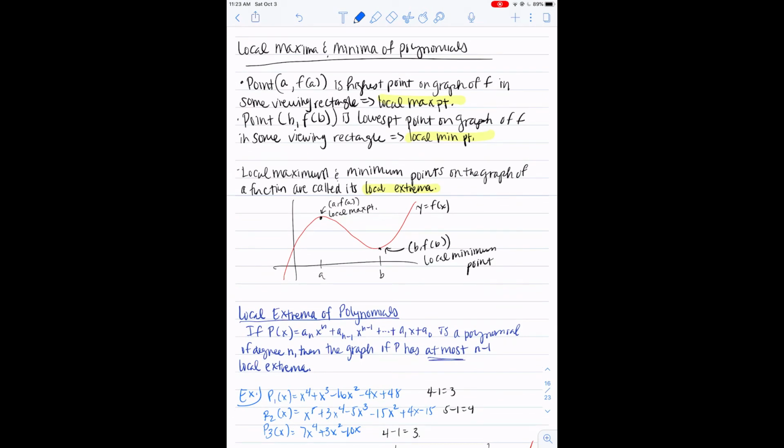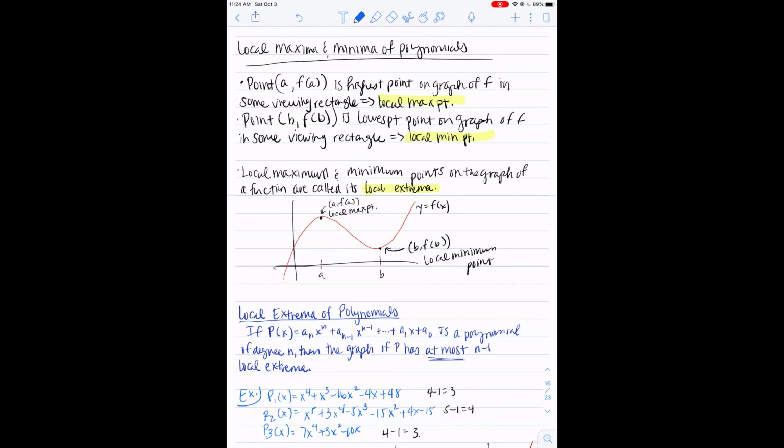Okay. Now we have the local maxima and minima of polynomials. We saw this with quadratic functions in the previous video when we found our vertex, which was our local maximum or minimum. The point A, f of A, is the highest point on the graph of f in some viewing rectangle. That's our local maximum point.